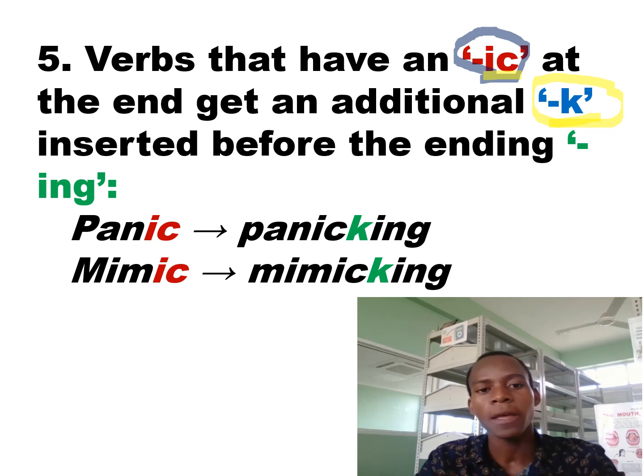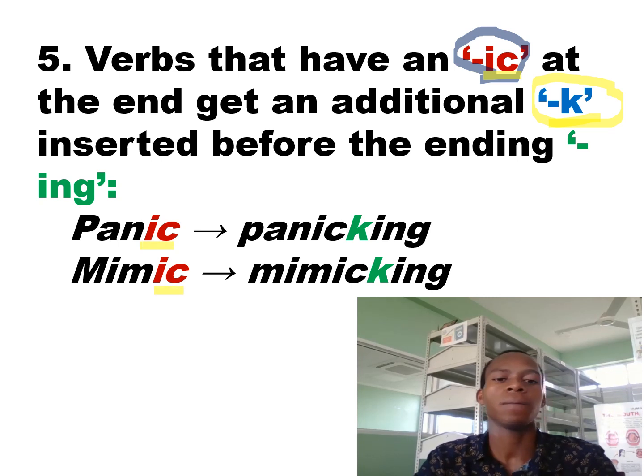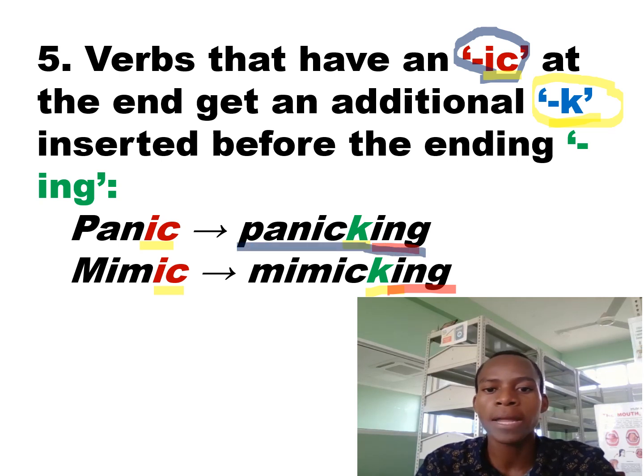So for example, we have the word panic, which ends with IC, and mimic, ending with IC. What we do with the present participle of these verbs is add the K after IC, with the addition of ing to form the present participle: panic to panicking, mimic to mimicking.